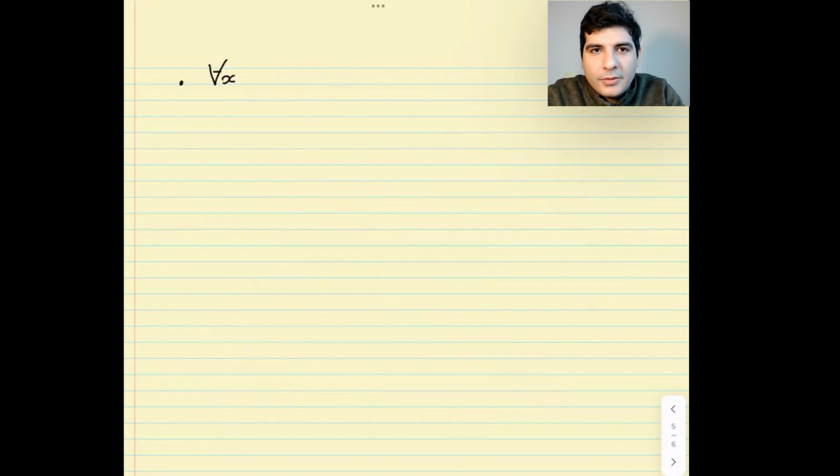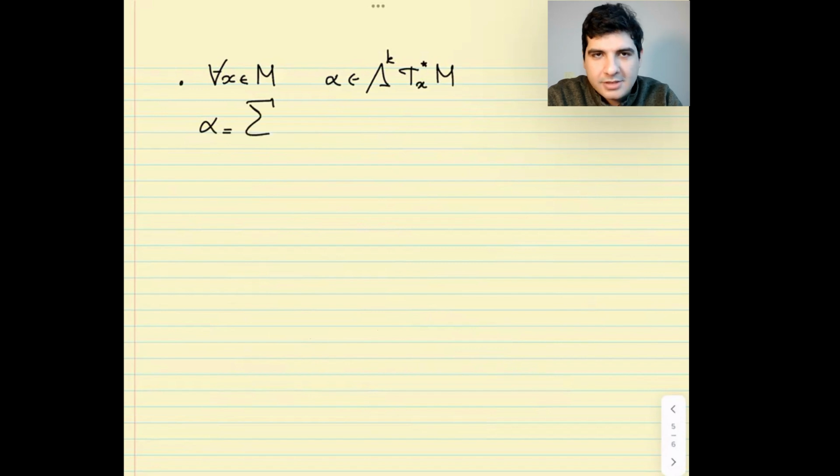Great. Now you see, for any point x in M, we can think about a linear k-form alpha in lambda k T star of M at x, right? Just as we discussed, alpha can be written as a linear combination of the elements of the basis.